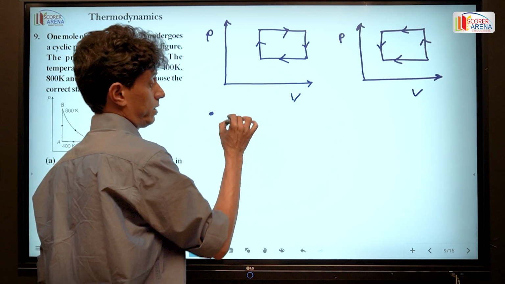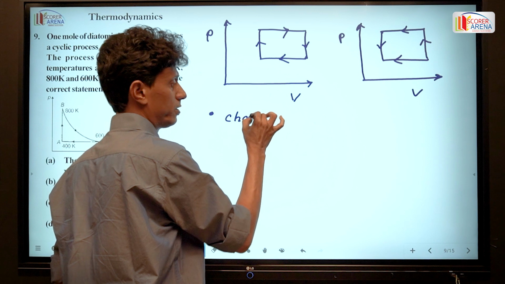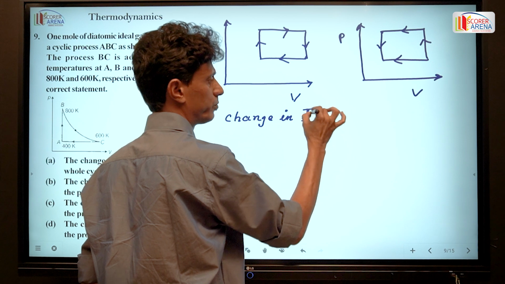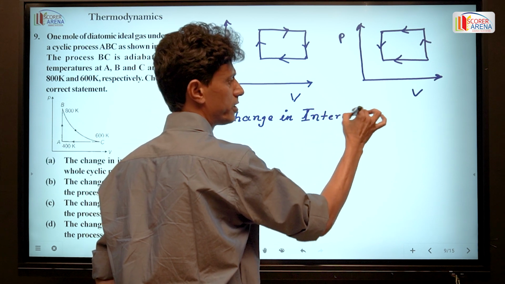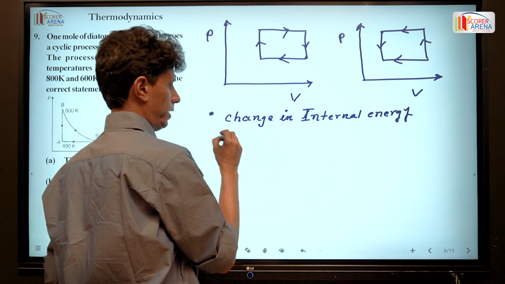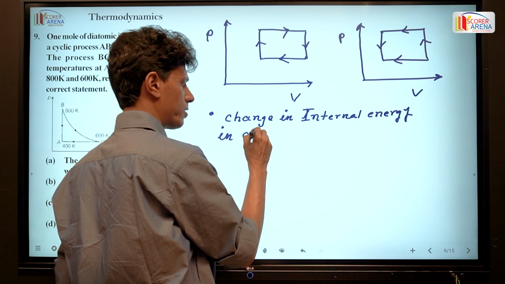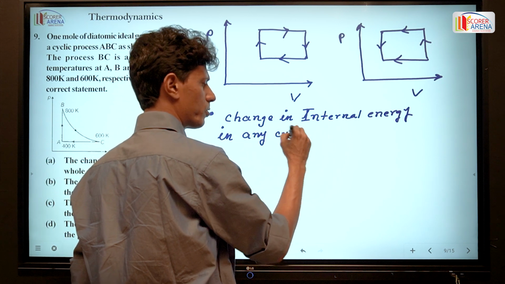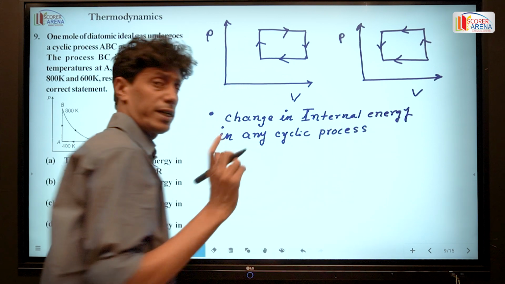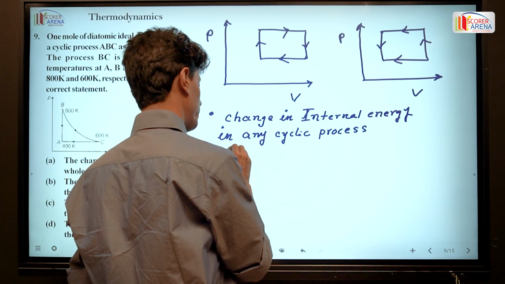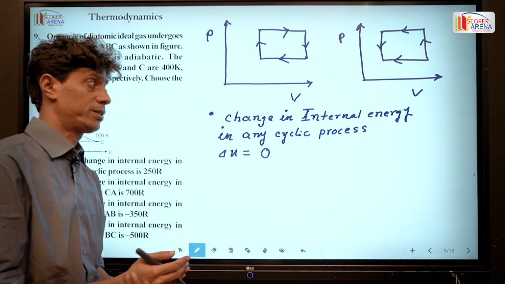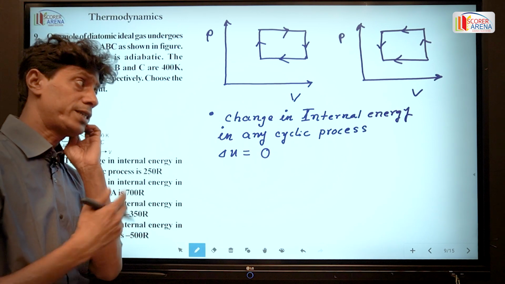I must say, the change in internal energy, del U, in any cyclic process is always 0.